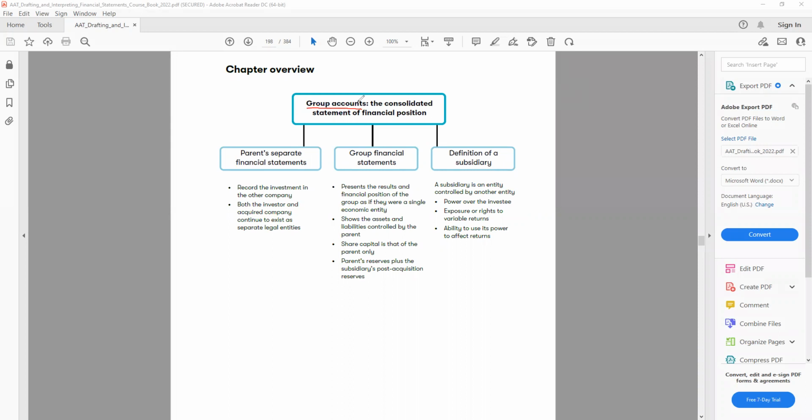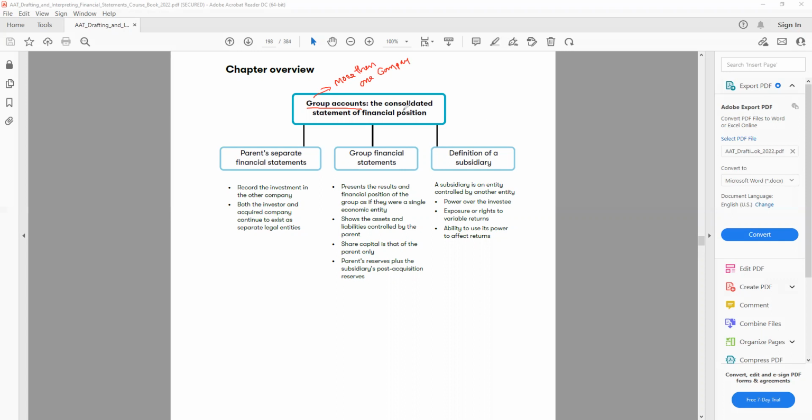When I say group, what does that mean? Group means more than one company. More than one company's financial statements or accounts, and for that reason we call it group accounts.